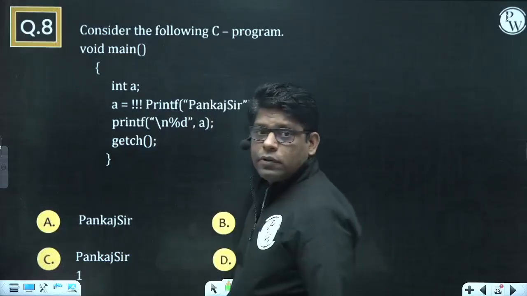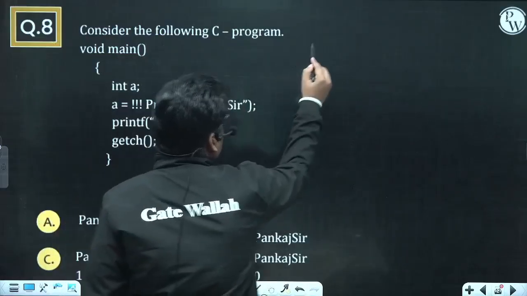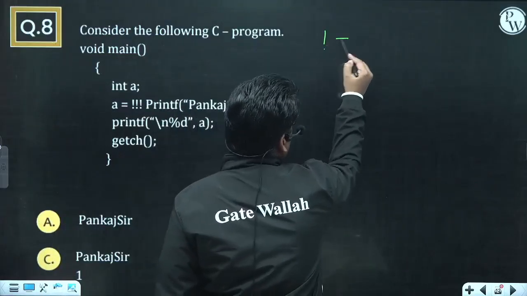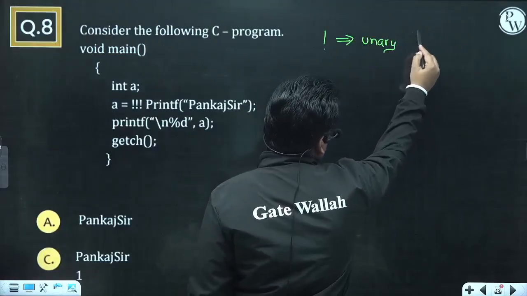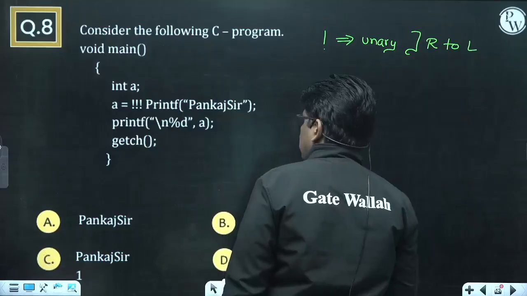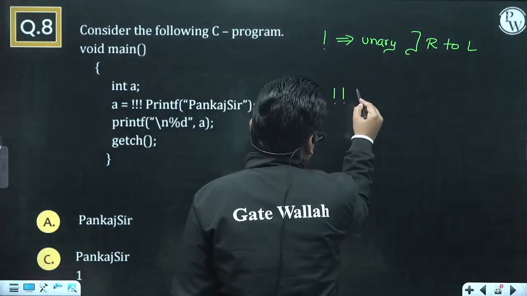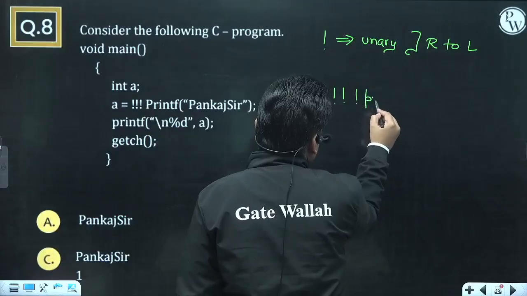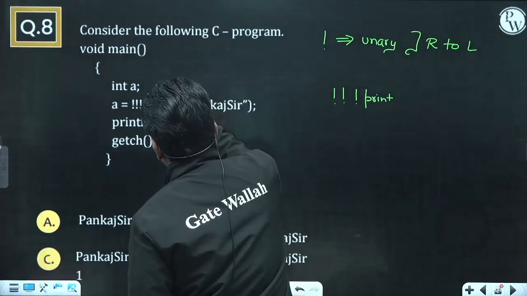Sir, see, not is a unary operator and its associativity is from right to left. So first of all, this is one error.